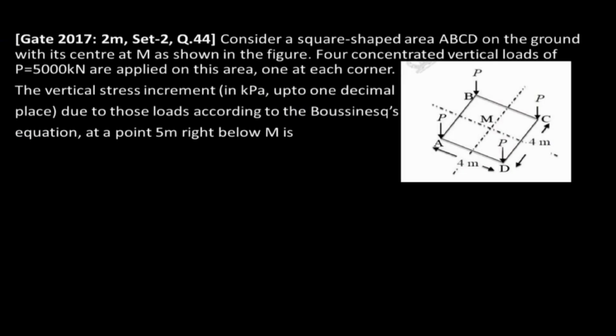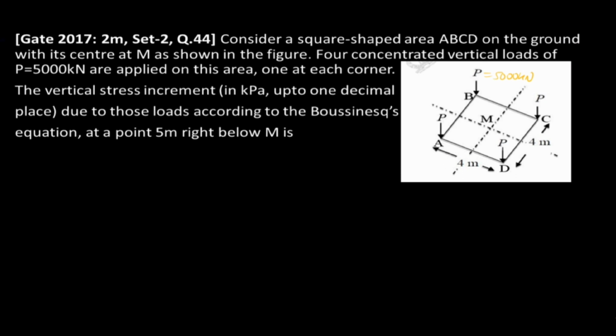If you see this question, they have given 4 point loads, that is value of P will be equal to 5000 kilonewton acting at 4 corners of an area, and they have asked us to find out the vertical stress below point M at 5 meters.